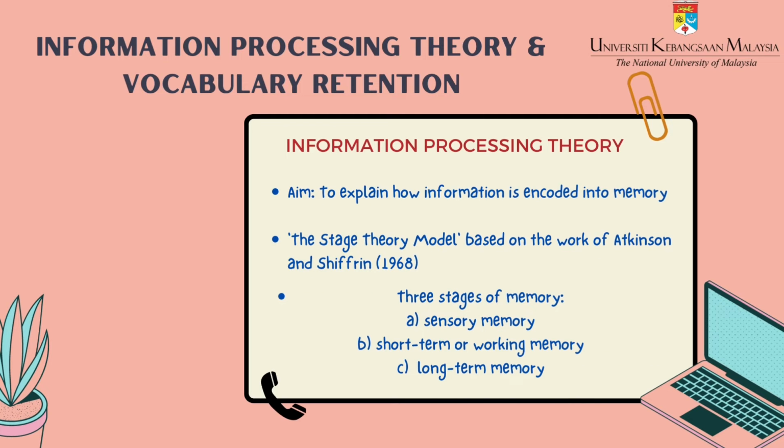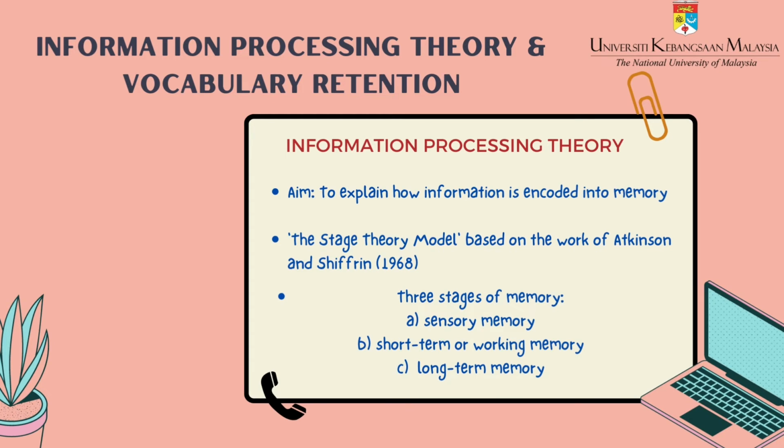Information processing theory and vocabulary retention. Information processing theory is one of the approaches of cognitive development studies which aims to elaborate how data is embedded into memory. Traditionally, the stage theory model, based on previous research of Atkinson and Shiffrin, 1968, is a model of information processing which is widely referred to.